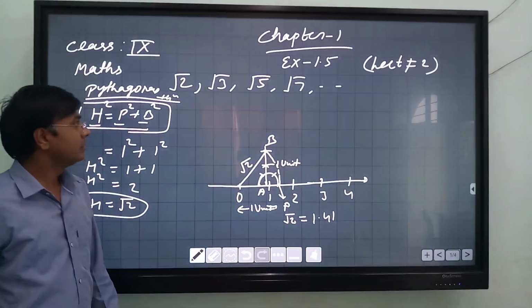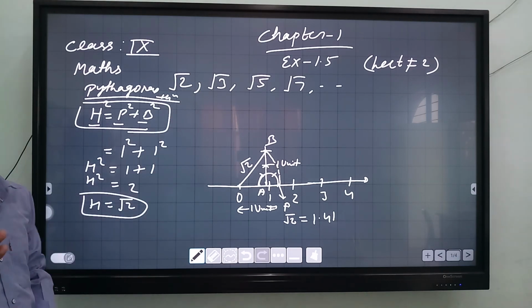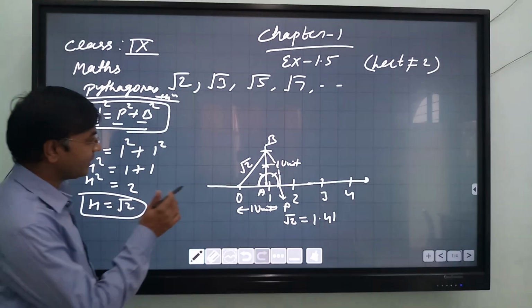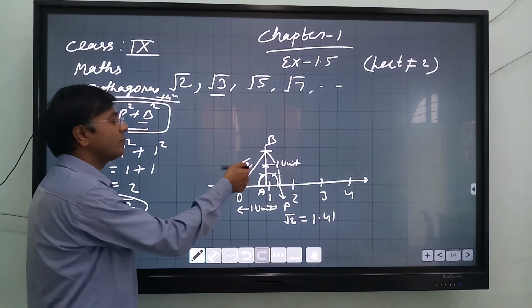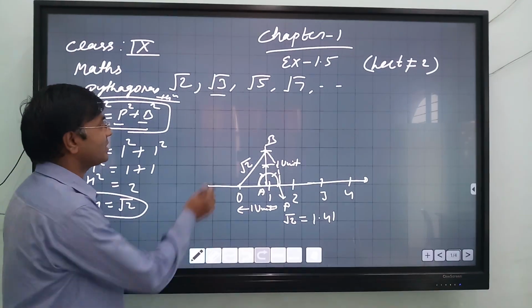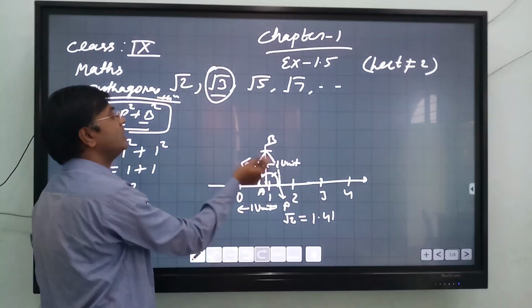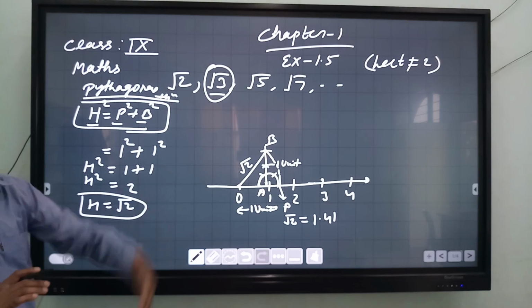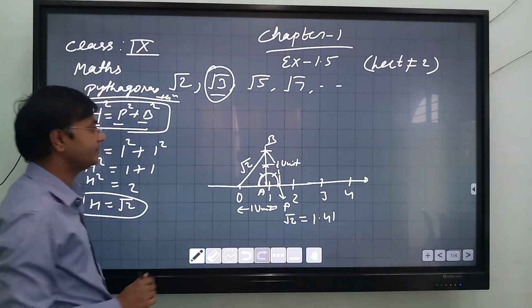Now root 3. Some of you have asked, sir, how to draw under root 3. We can proceed to under root 3 from this much only. It means even if you need to draw under root 3, you have to first draw under root 2. Only then in the next step are you able to draw under root 3.